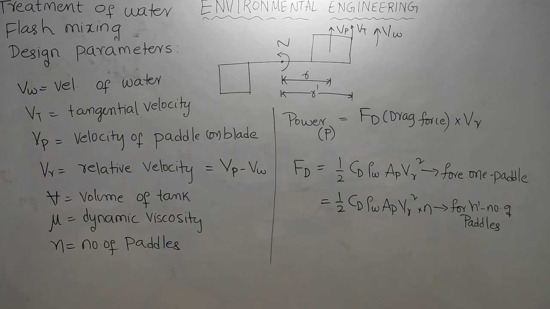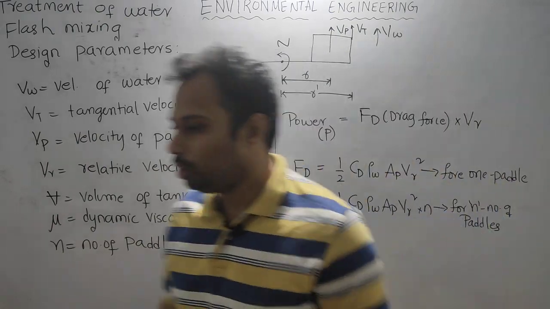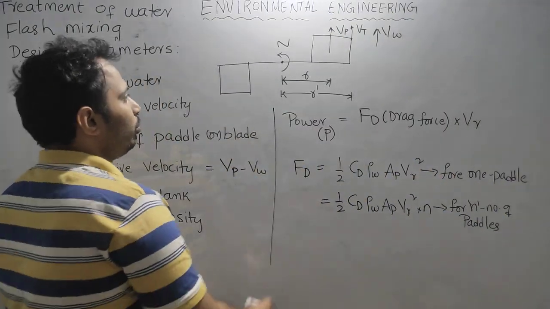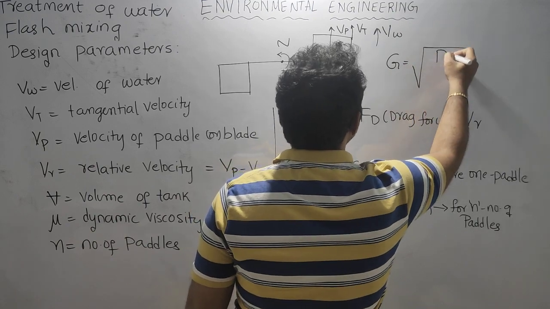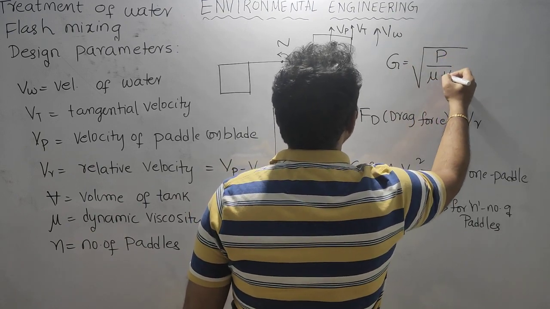Now we know what power is, drag force into velocity. We also know the G formula in terms of power: G is equal to the square root of P by mu into volume of the tank. P is nothing but FD into Vr. FD is 1/2 CD rho W Ap Vr squared, multiplied with Vr, by mu into volume of the tank.